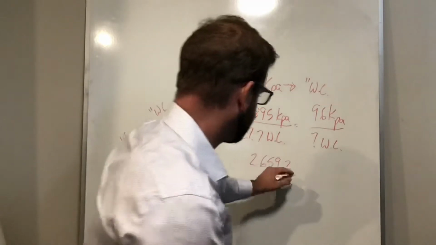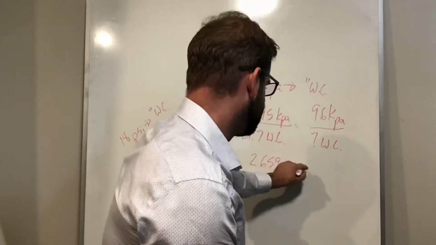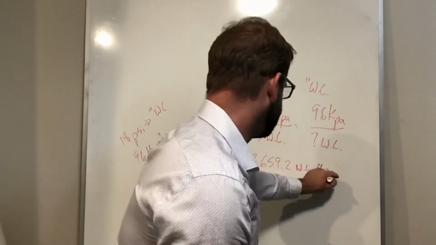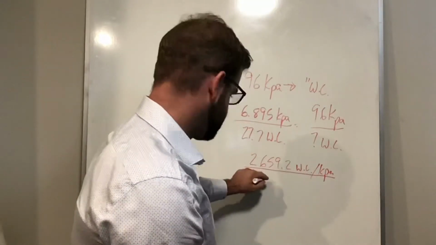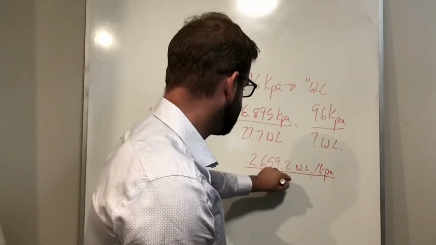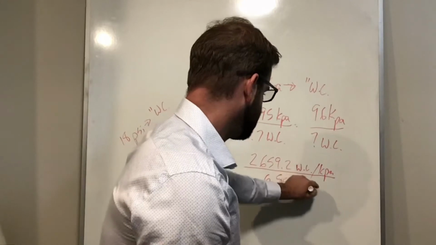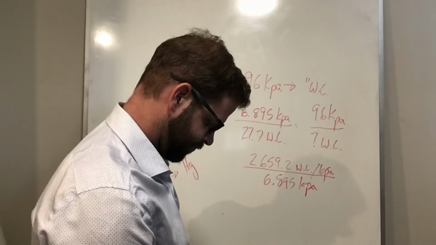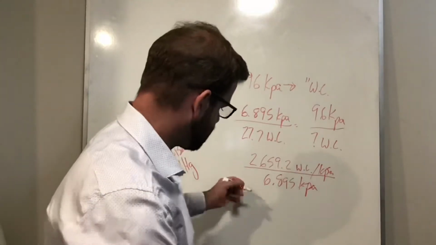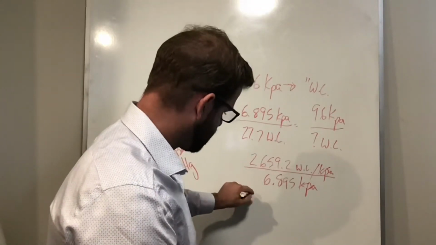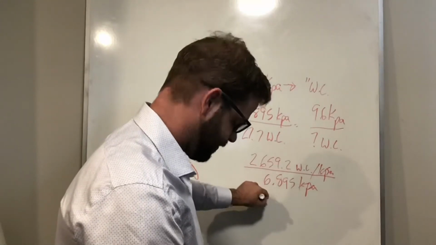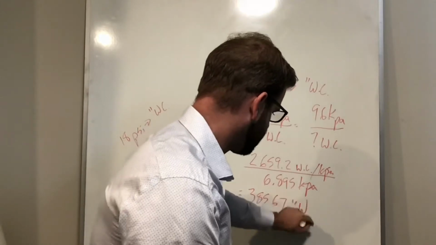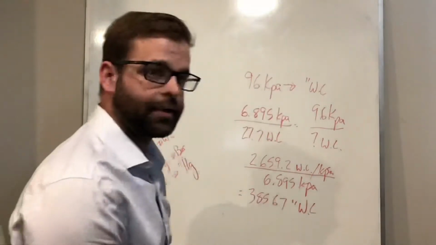And then, so that would be inches of water column per kPa, and then I divide that by 6.895 kPa. And we get an answer of 385.67 inches of water column at the end of that.